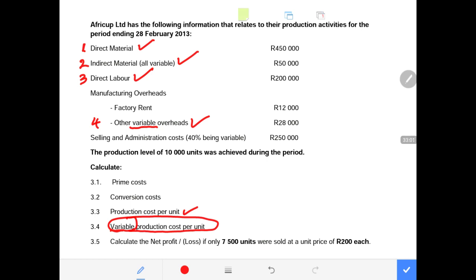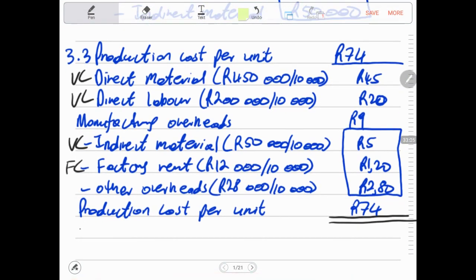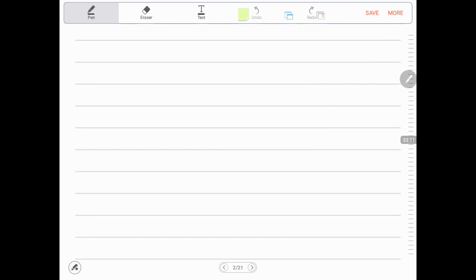And because I've already done the calculations, I don't have to redo the calculation that I've done here, so now it minimizes everything for me. Therefore, now I can just say under 3.4 that my variable cost will be direct material, and we are required to calculate it.